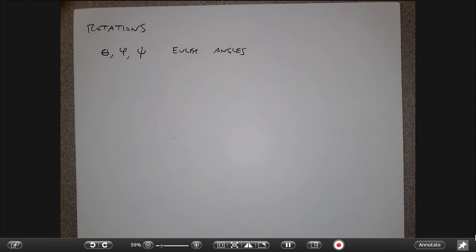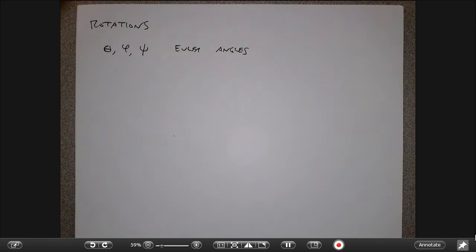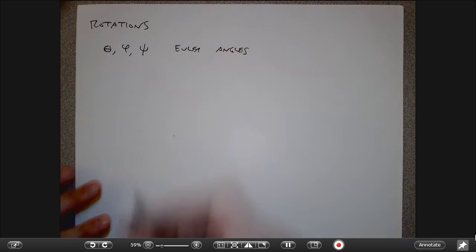It happens when, for example, your X and Y axes line up with each other, and then it's really hard to get them to move apart again. You actually lose a degree of freedom. One good example is manipulating a camera in a game: if you look straight down at the ground, you might run into a problem where you can't recover your camera anymore because of the gimbal lock. You lose this degree of freedom and can't get it back. So Euler angles suffer from this kind of problem.